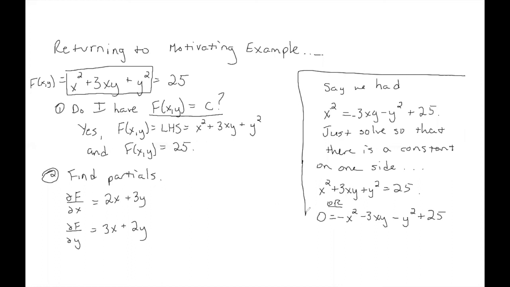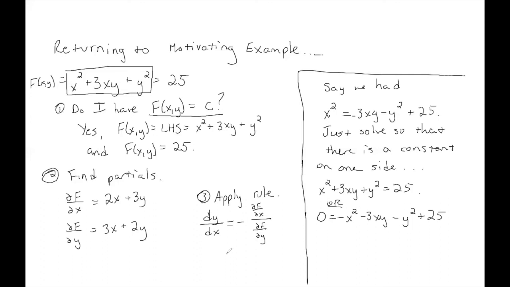And then finally, step 3 is simply apply the rule. I'm looking for dy dx, and these are regular straight up and down d's. This needs to be equal to negative df dx over df dy.